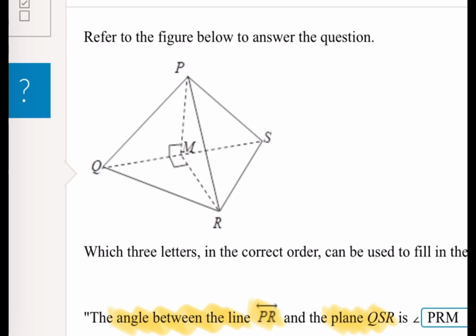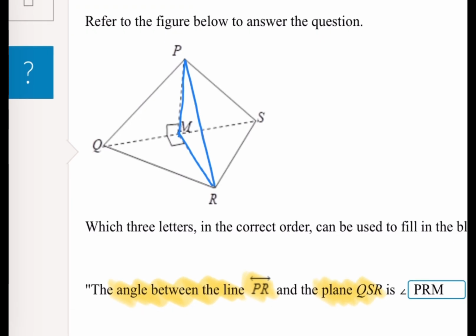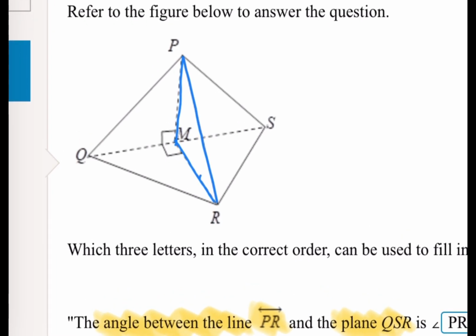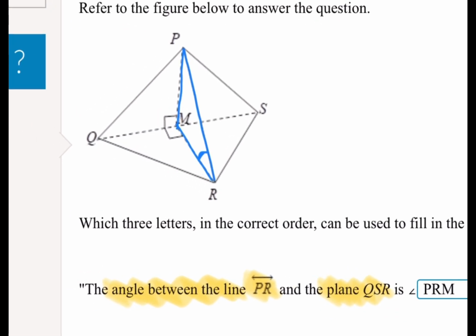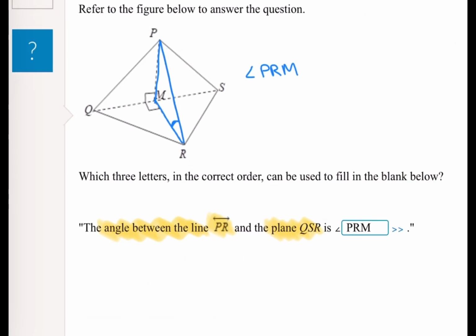That plane is gonna be like that, and the angle is gonna be this angle here, which is angle PRM, and that's your answer, angle PRM.